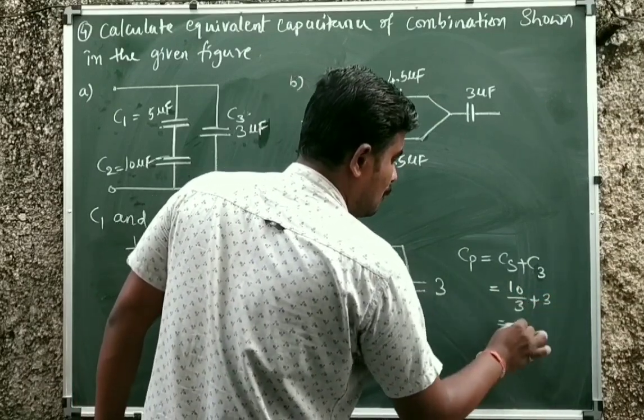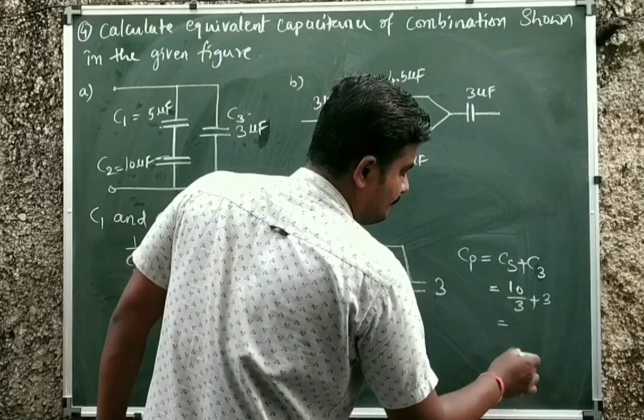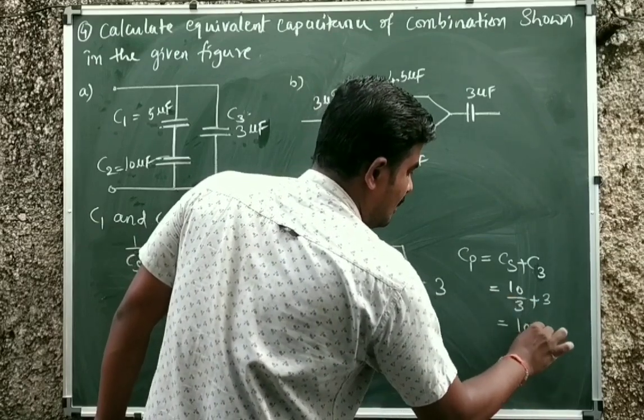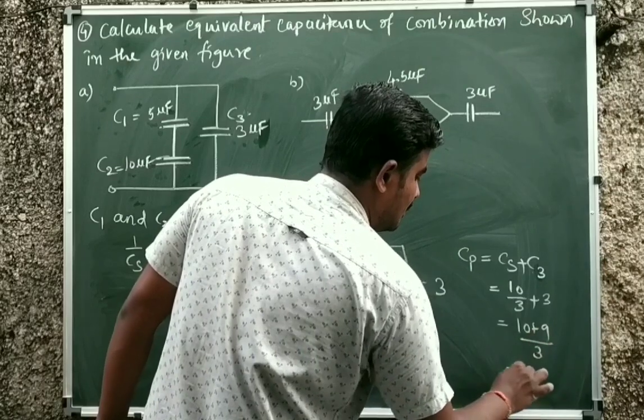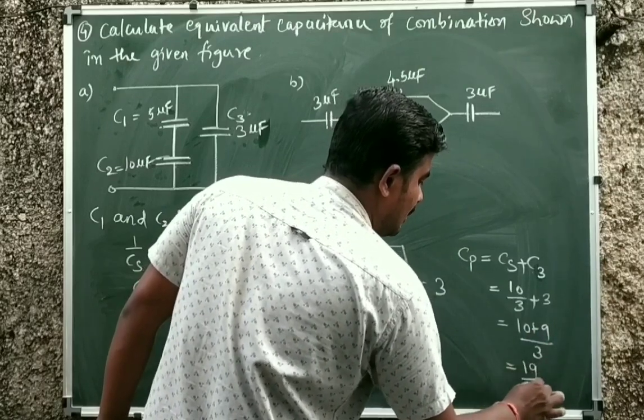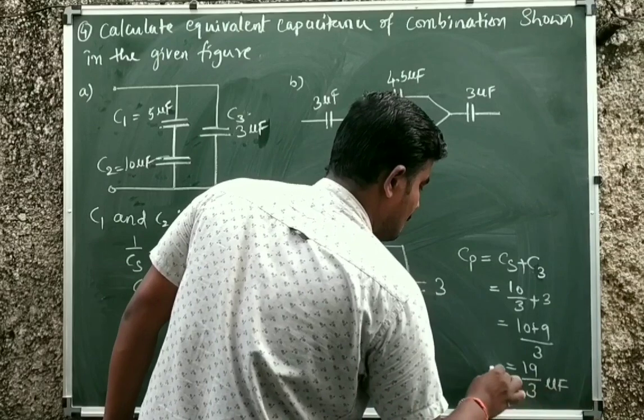So 10 plus 9 divided by 3, that is 19 divided by 3 microfarad.